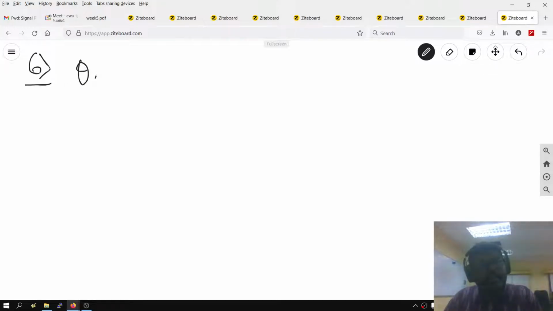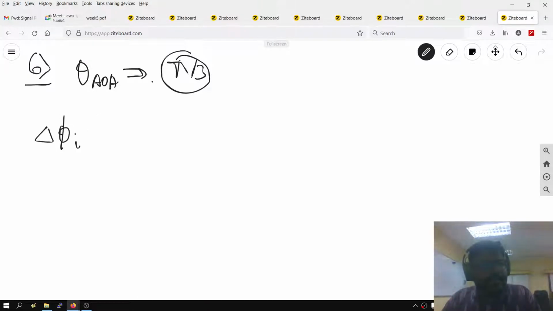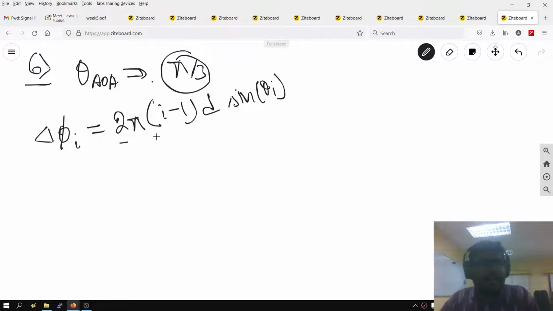So theta, the angle of arrival, is pi by 3, but it is measured vertically. So we know that phi i, that is the phase difference, is 2 pi (i minus 1) d sine theta i, divided by lambda, where lambda is the wavelength.